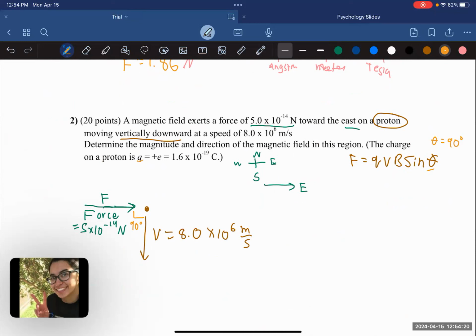Our Q is given here. Our V is given here. And our force is given. So we're solving for B. So we go ahead and isolate for B, which is going to look like just dividing everything else out.